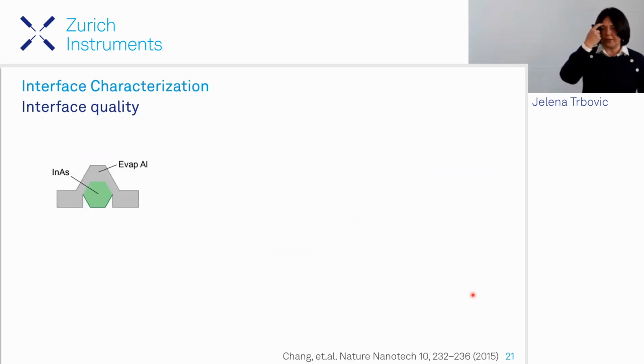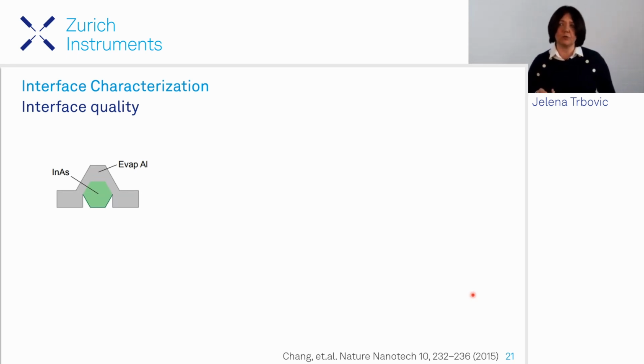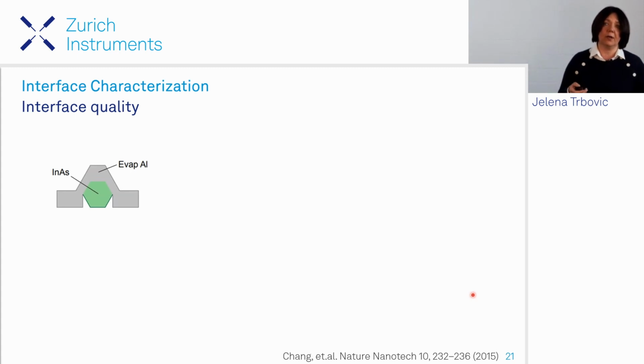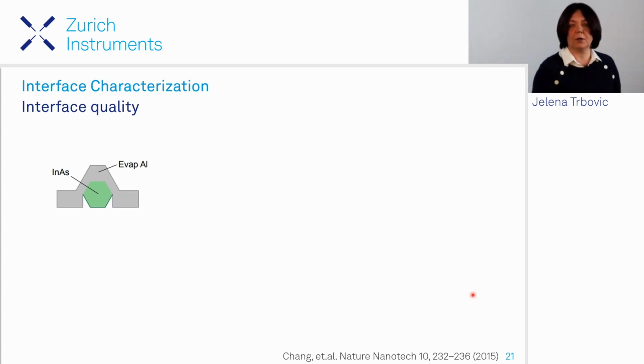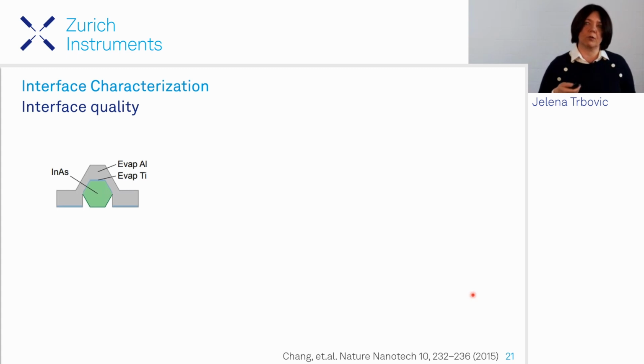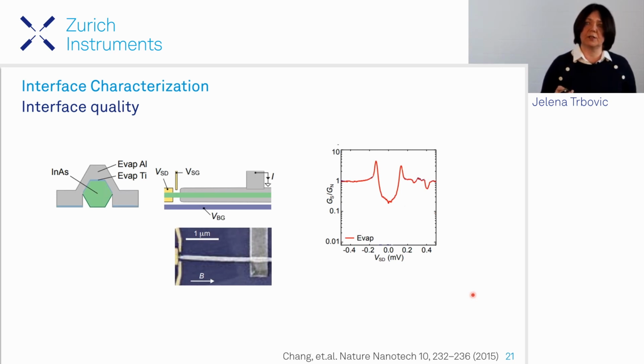Okay, so let's see a couple of examples. So first of all, what I'd like to show you is how the quality of the contact actually influences the dI/dV curve. So in this work, the group has shown how evaporated contact, either directly aluminum or titanium with aluminum on top, behaves.